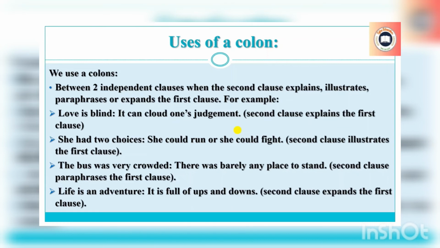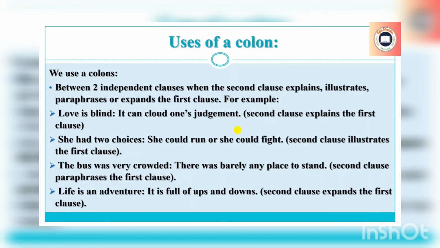So if someone says there was barely any place to stand on the bus, that's just another way of saying that the bus was very crowded. So this means that it is paraphrasing the first clause, and hence we place a colon between the two clauses.